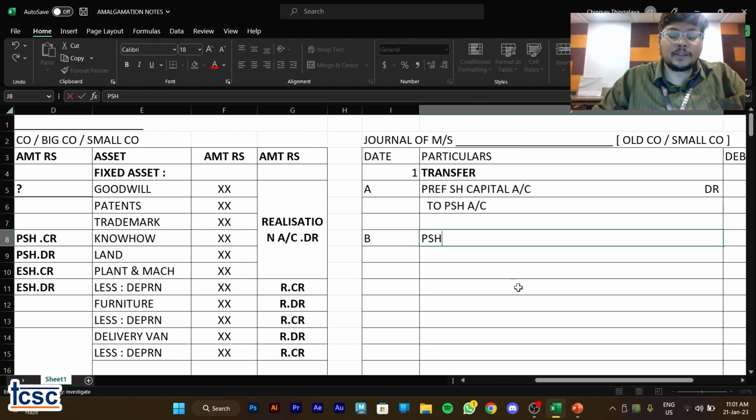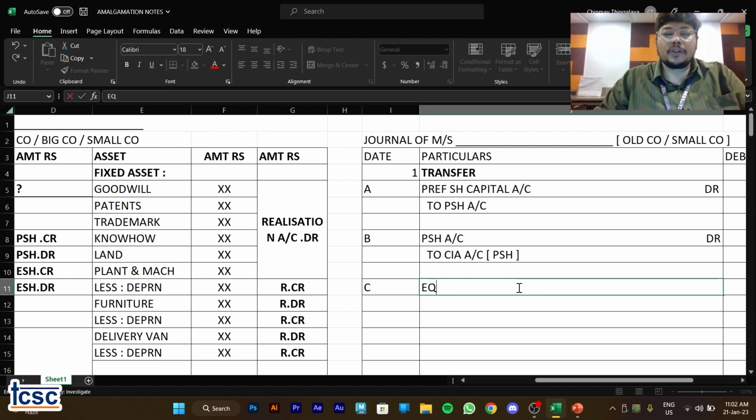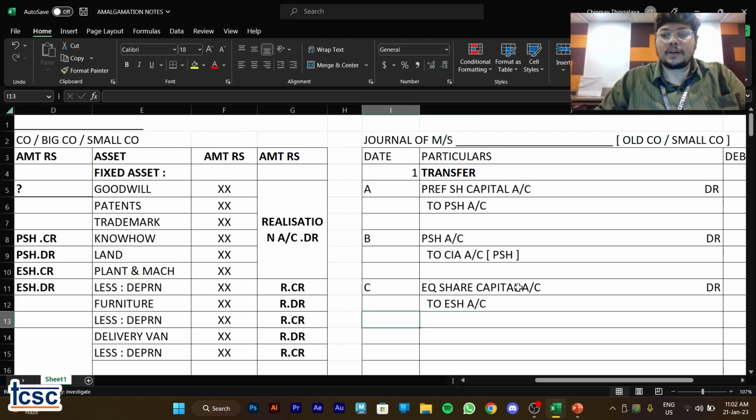So we will be passing the journal entry as PSH account debit to CIA account with respect to preference shareholders. In the same way for equity shareholders, the journal entry will be equity share capital account debit to equity shareholders account.